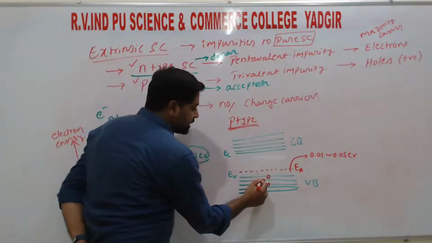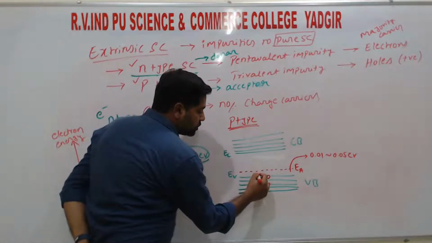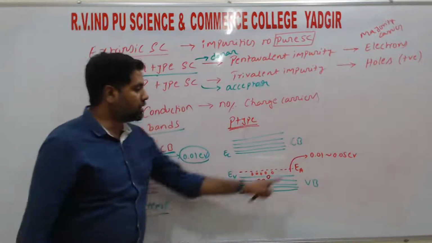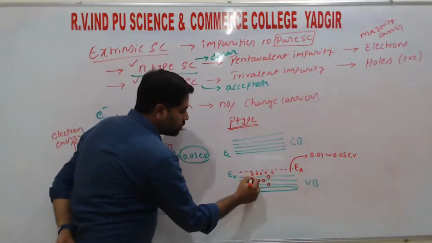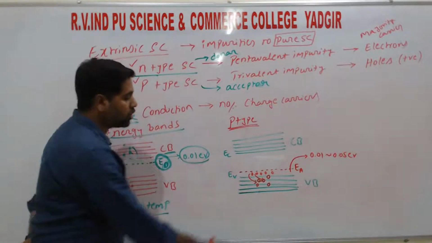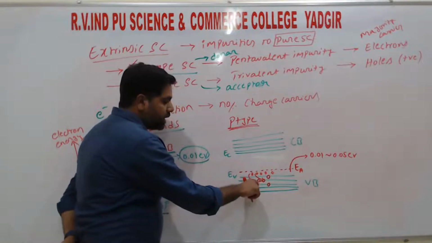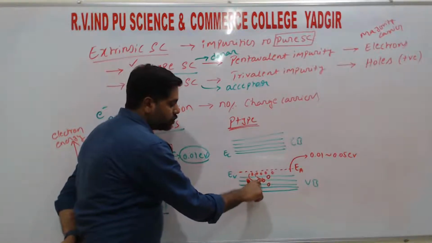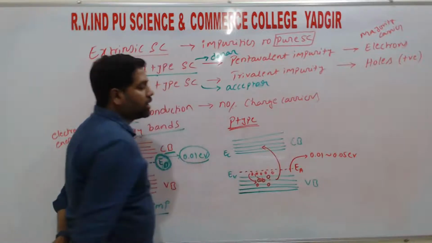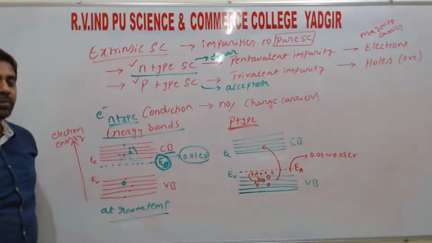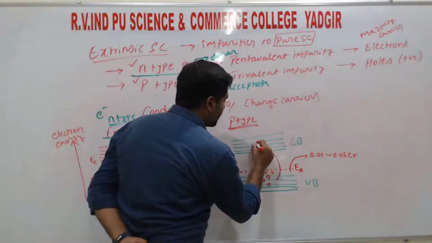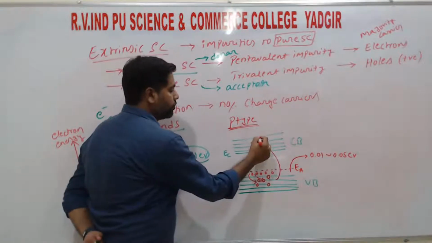As it gets excited here, the holes which are present in this energy level, for this energy, these holes just fall down to the energy levels, because here there is an empty space. That means as it shifts here, the electrons which are present in the valence band shift into the conduction band, right? So for that purpose, here the electrons are present.